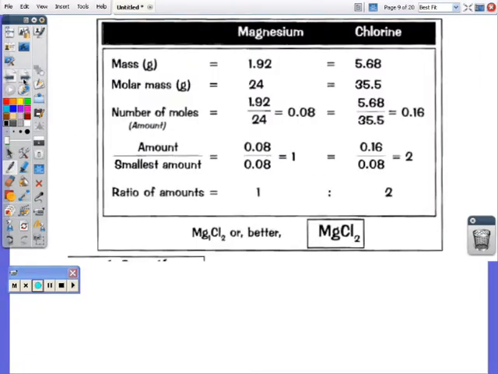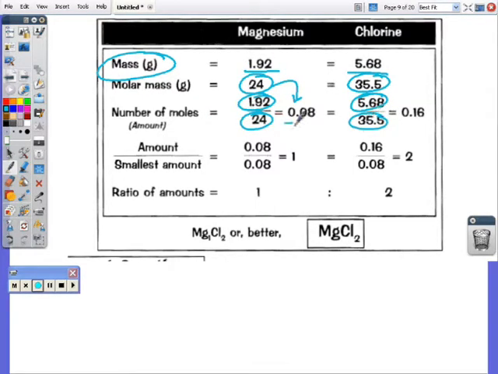Okay, so for another worked example, this time it should actually be simpler, because instead of working in percentage, we're straight into mass. So the method for this is exactly the same. We have been given a mass of magnesium, a mass of chlorine. The atomic mass of the two things we then find out from the periodic table, and we work out moles by doing mass divided by the atomic mass in both instances, and we get a ratio in this instance of 0.08 to 0.16.